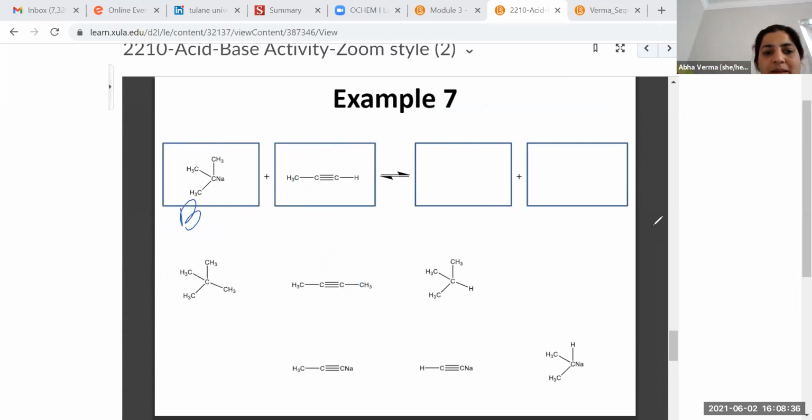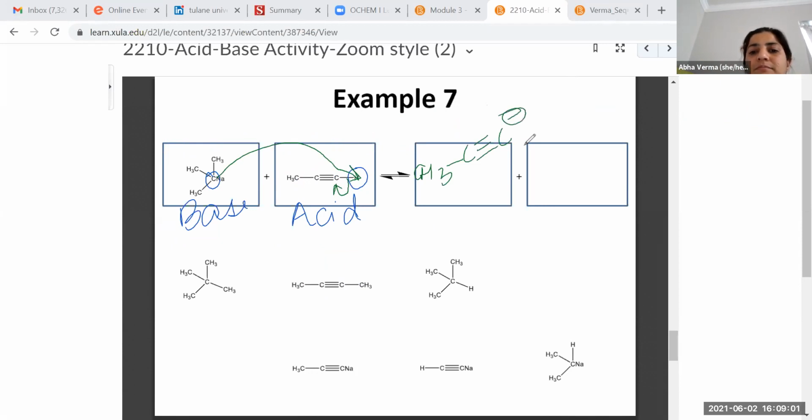And so this is our base with the carbon. This is our acid. We are going to do our chemical reaction. The base, the negative electrons, will go and abstract out the hydrogen. They will break the bond between hydrogen and carbon, and I'm going to get the conjugate base. Where will the sodium ion go?